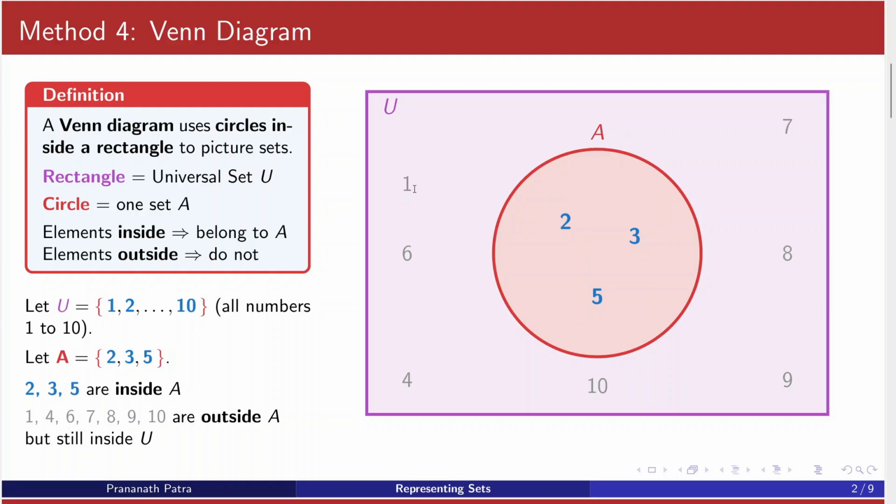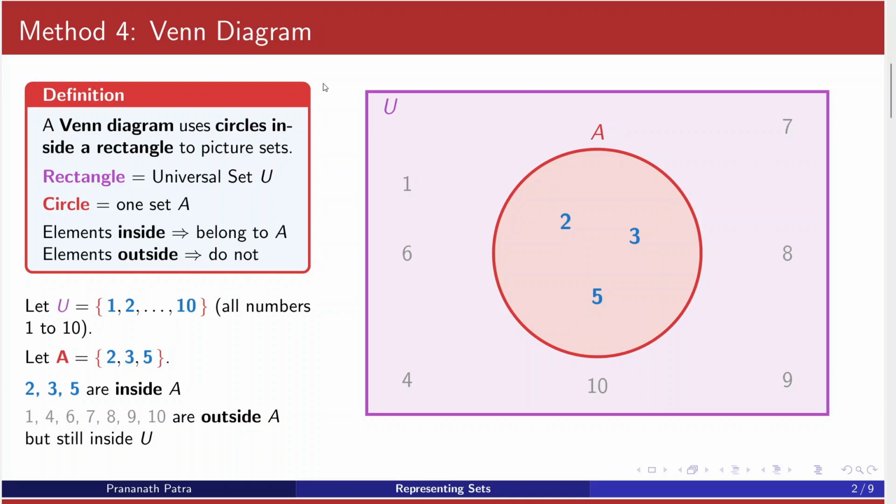The numbers 1, 4, 6, 7, 8, 9, and 10 do not belong to set A. Therefore, they are placed outside the red circle. However, because they are still part of our universal set, they remain inside the purple rectangle. It's a very clear visual way to separate what is in our set from what is not.